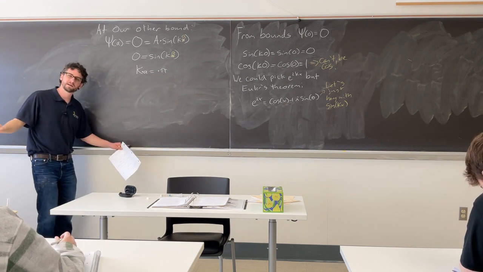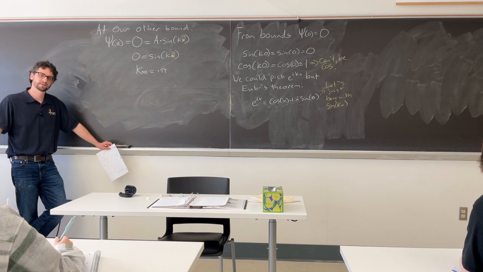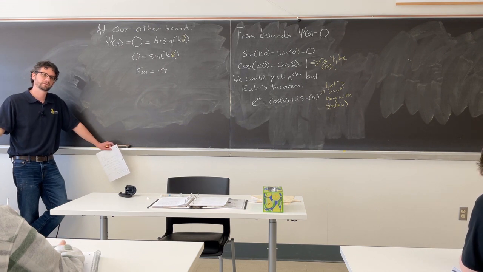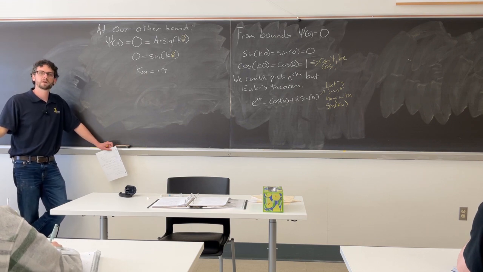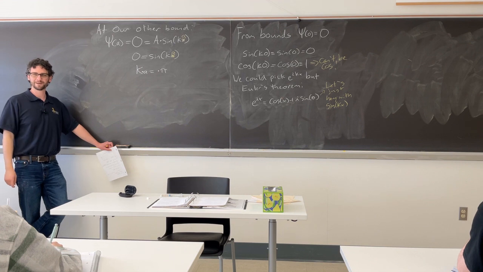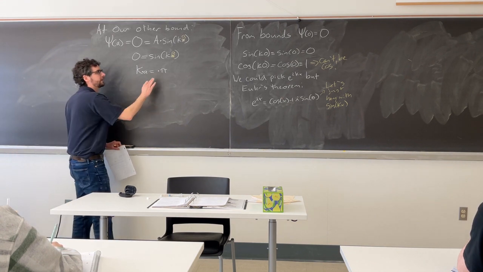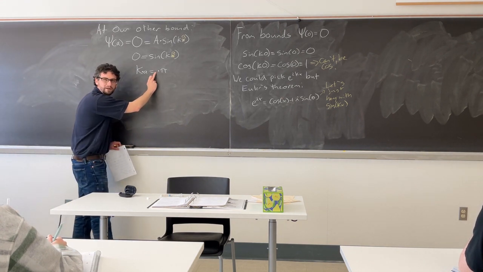How does quantum mechanics differ from classical mechanics, or classical physics? The word quantum means quantized, right? What does quantized mean? Whole numbers, discrete values. What has to go here? What type of number?